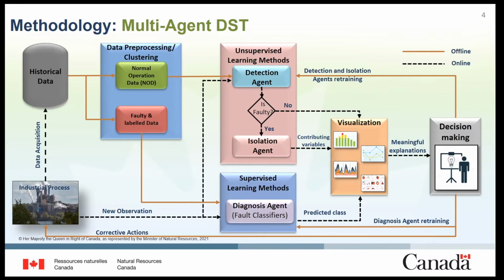The classification algorithm can detect or predict a known cause of energy inefficiency, whereas the unsupervised method can detect and isolate a novel cause by showing what are the contributing variables to this inefficiency. And of course, all the models are developed using the historical operating data.